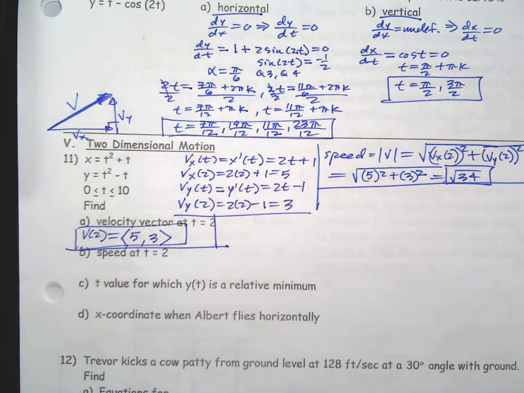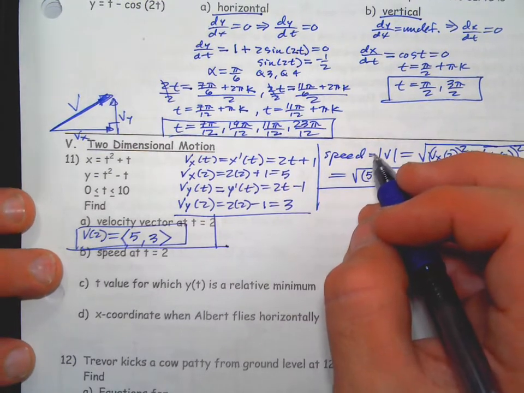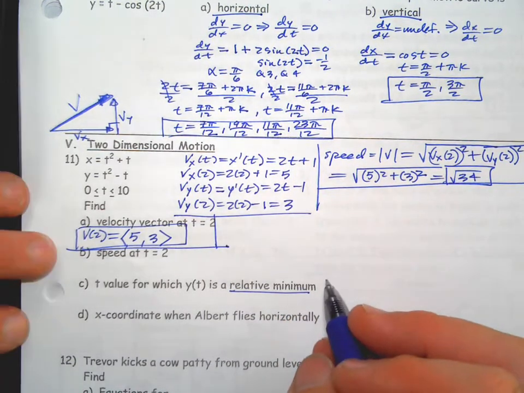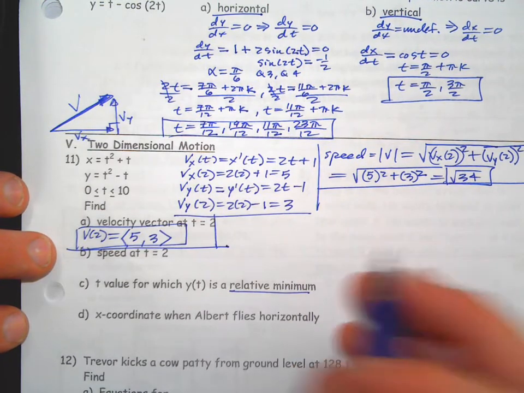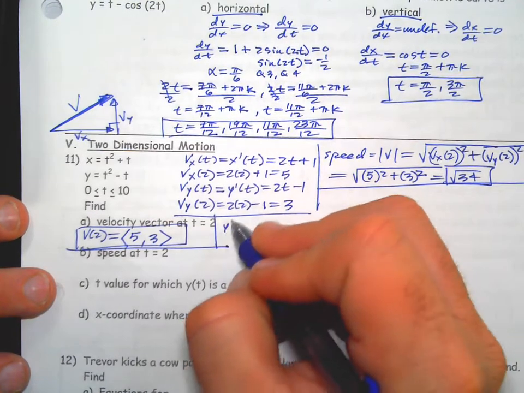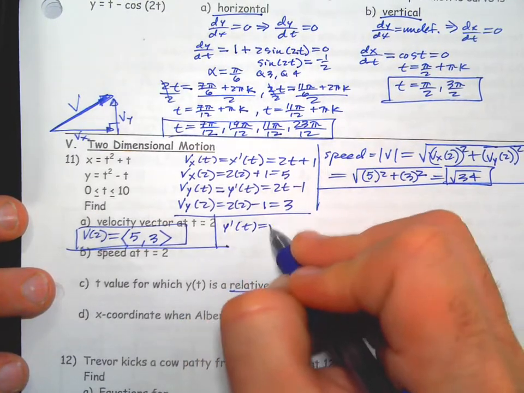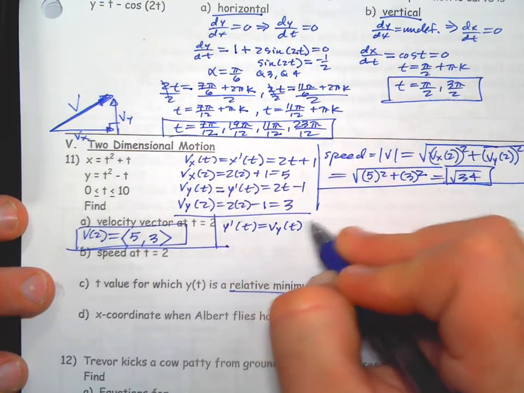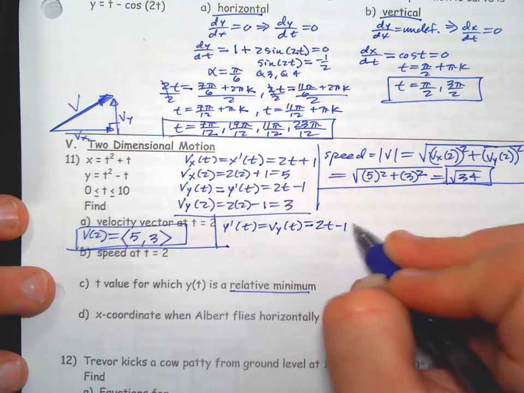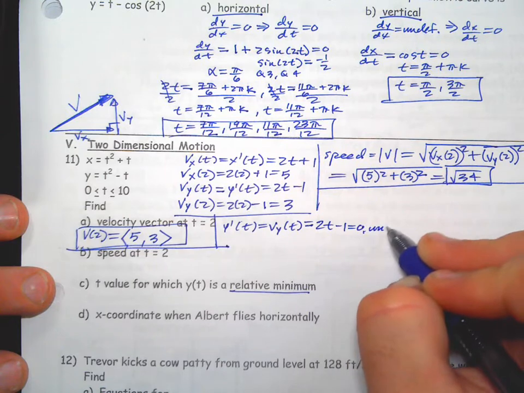Okay. The t value for which y of t is a relative min. So that's going to be the extreme value theorem. So, no, relative min. Oh, okay, that's kind of interesting. Relative min. All right. So we're going to want to find y prime to find critical points, which is Vy, which we found was 2t minus 1. We're going to set it equal to 0 and solve.